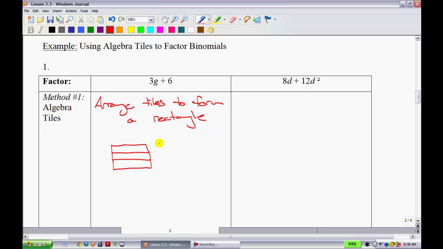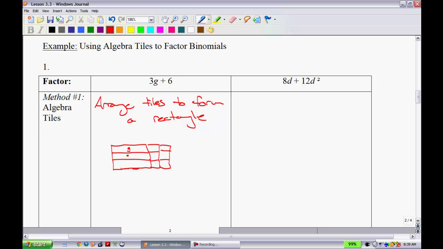And now I'm going to try to arrange them in a way to form a rectangle. Now, if I just started putting, let's say, this 6 right here, you'd see I'd get maybe something that looks like this. It clearly does not form a rectangle. So as a result, you're going to have to look in some other way. What I notice right here now is if I go and take this, I put 1, 2, 3 there, and another 3 there, I get a lovely rectangle.